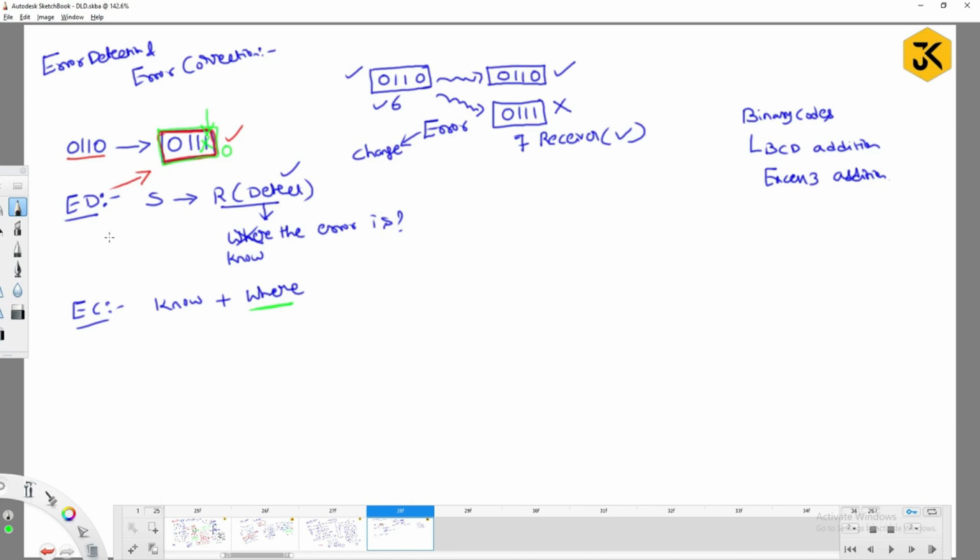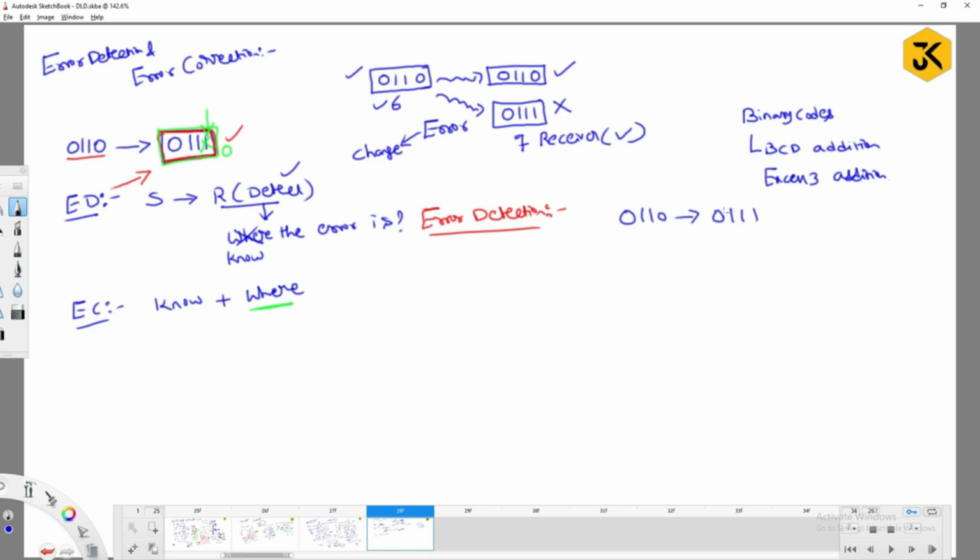Okay, in reality you can perform error detection in many ways. Error detection means simply that we will know that erroneous data is received, right? For example, 0110 is sent and 0111 is received.